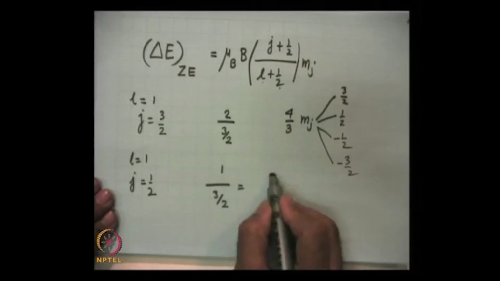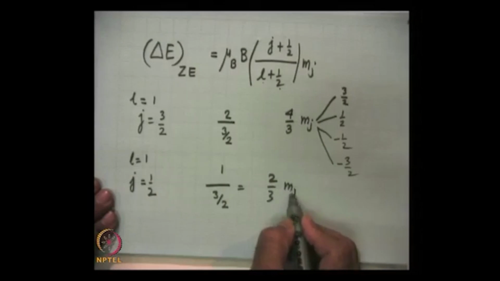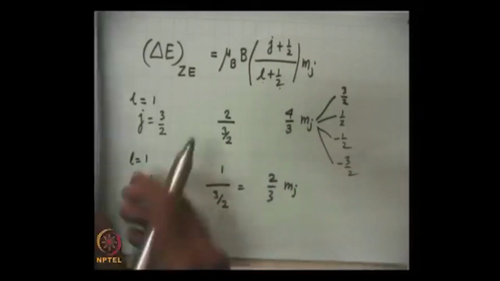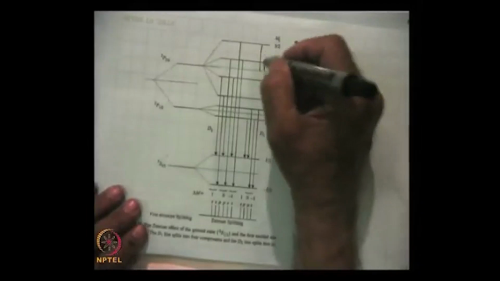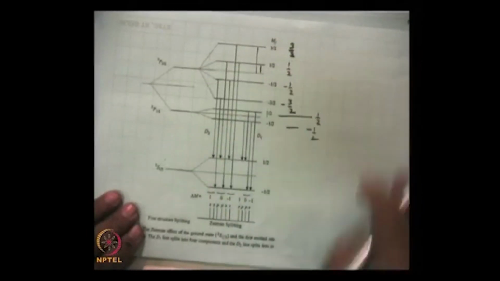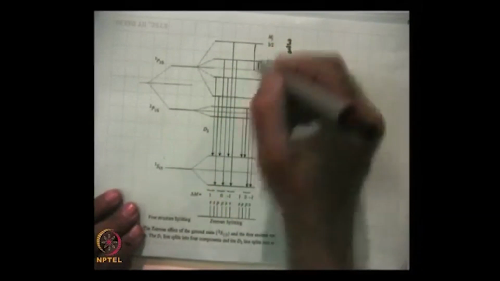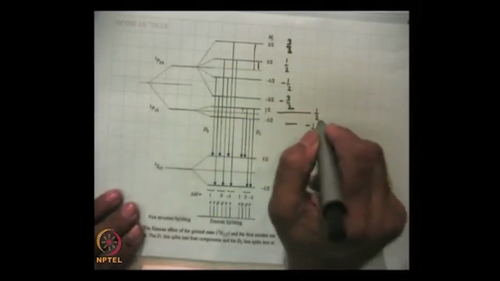So, this becomes 2 by 3 mj. So, this is half of this. So, you can see this splitting, I have drawn to scale, this splitting is twice of that scale.